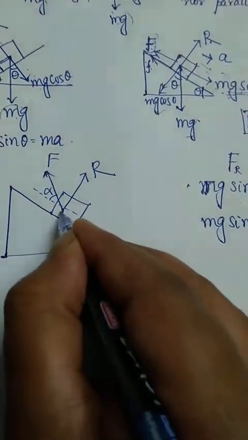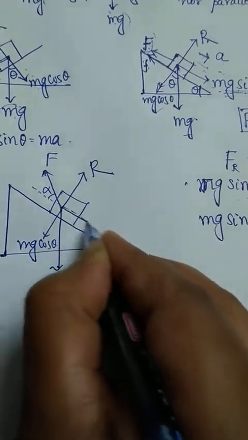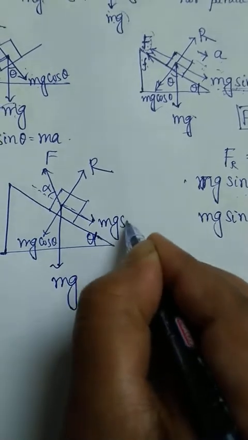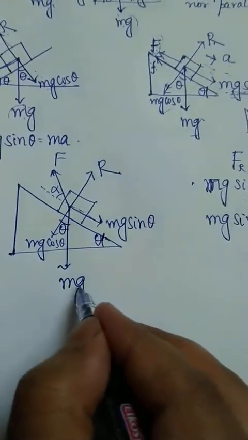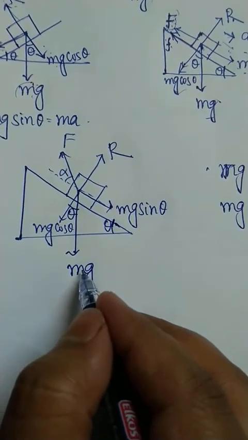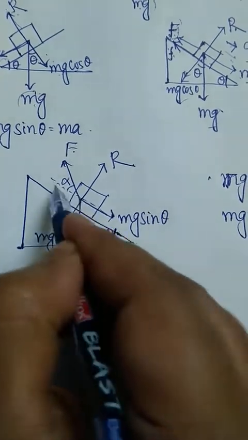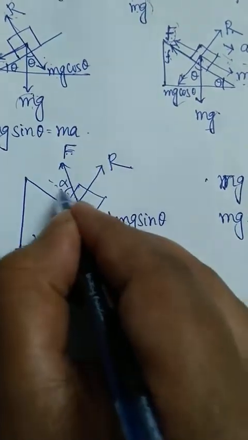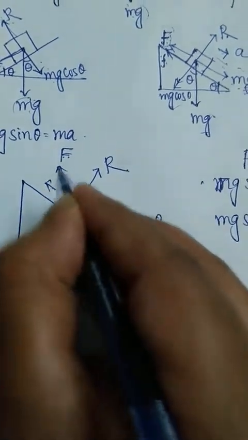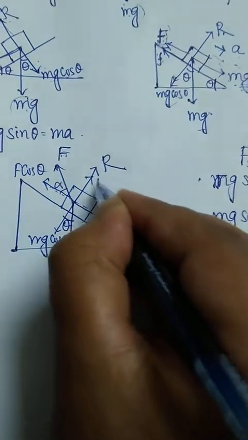If this is theta, then this will be mg cos theta, this will be mg sin theta, because this mg is neither parallel nor perpendicular to the plane. This F is also neither parallel nor perpendicular to the surface, so we have to divide this F also. Along this direction it will be F cos alpha, and along this direction F sin alpha.